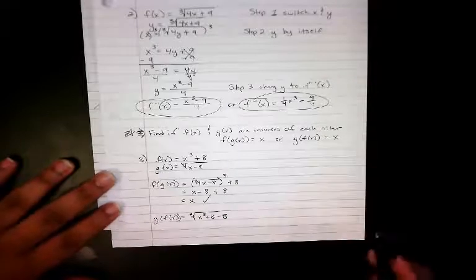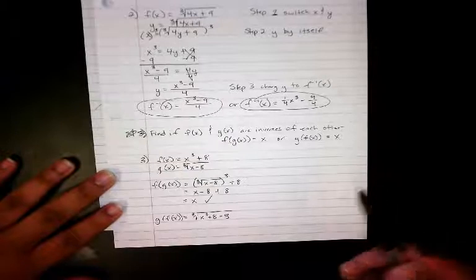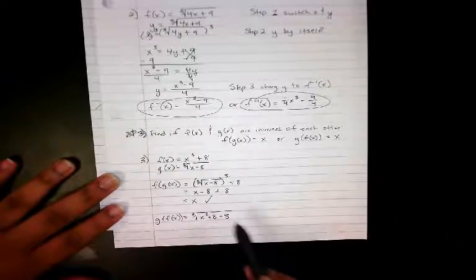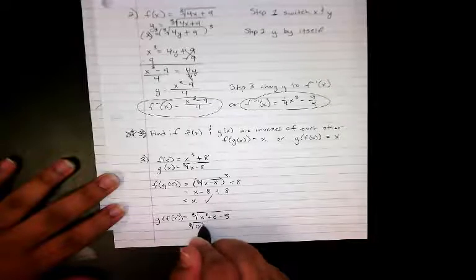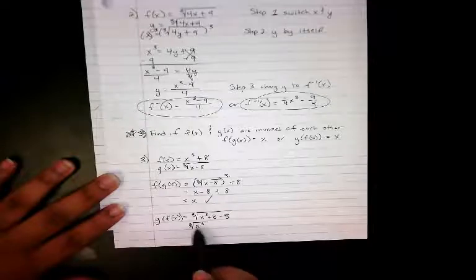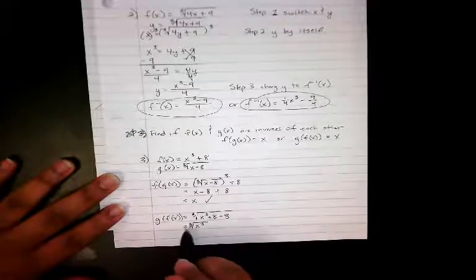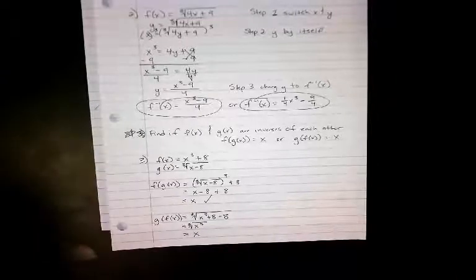Everything is inside. Plus 8 minus 8 gives me 0, so I'm just left with the cube root of x cubed. The cube root and the x cubed cancel each other out, so you're just left with x.